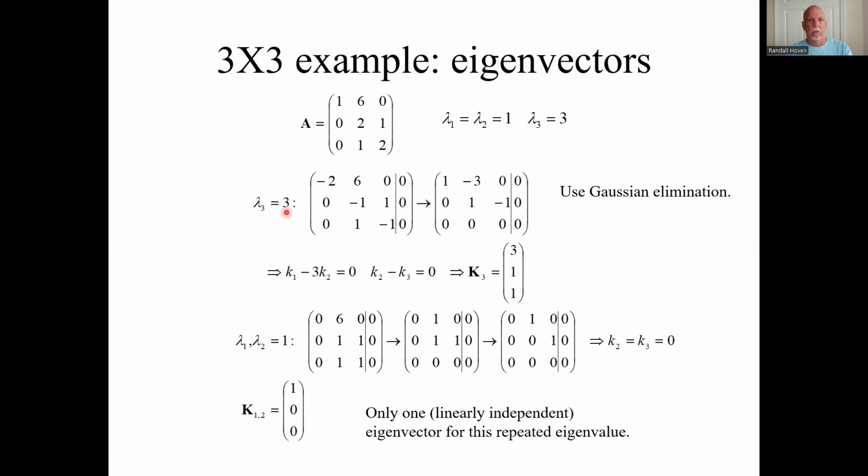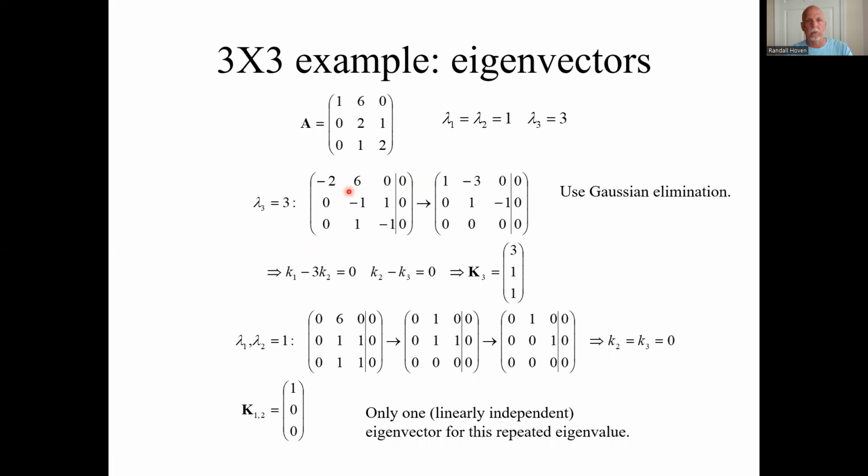So let's do the distinct one first. This lambda equals 3. Well, we're guaranteed to get 1 out of that. So I'm subtracting 3 from the main diagonal. So I'll have a minus 2, minus 1, minus 1, right? We do Gaussian elimination at this point on the augmented matrix. Divide by minus 2 here.